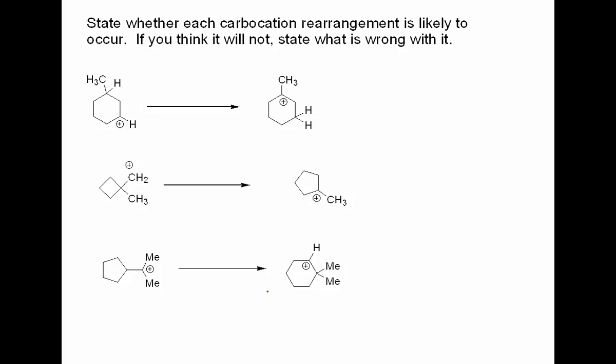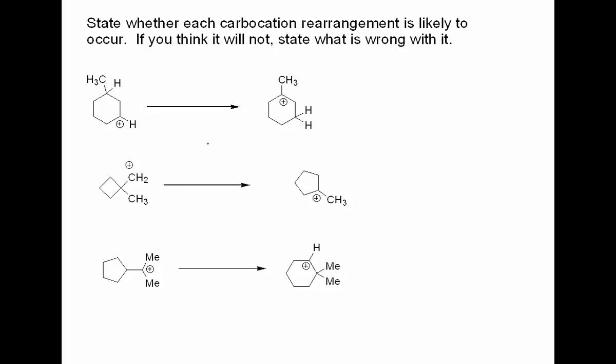Okay, in each of these, this is a problem now. You should pause the video, do it, and then check your answers, but let's just go through this. State whether each carbocation rearrangement is likely to occur. If you think it will not, state what's wrong with it. Okay, so let's look at this one.